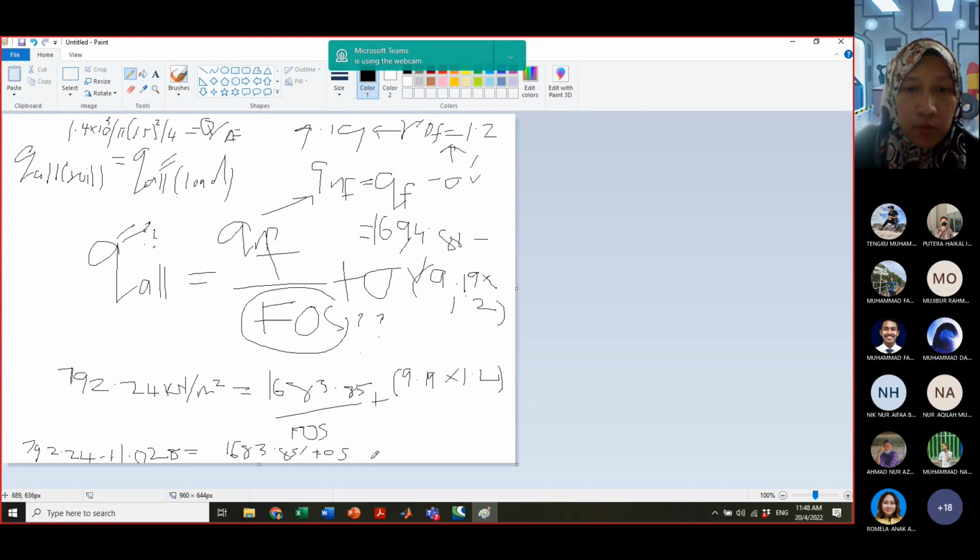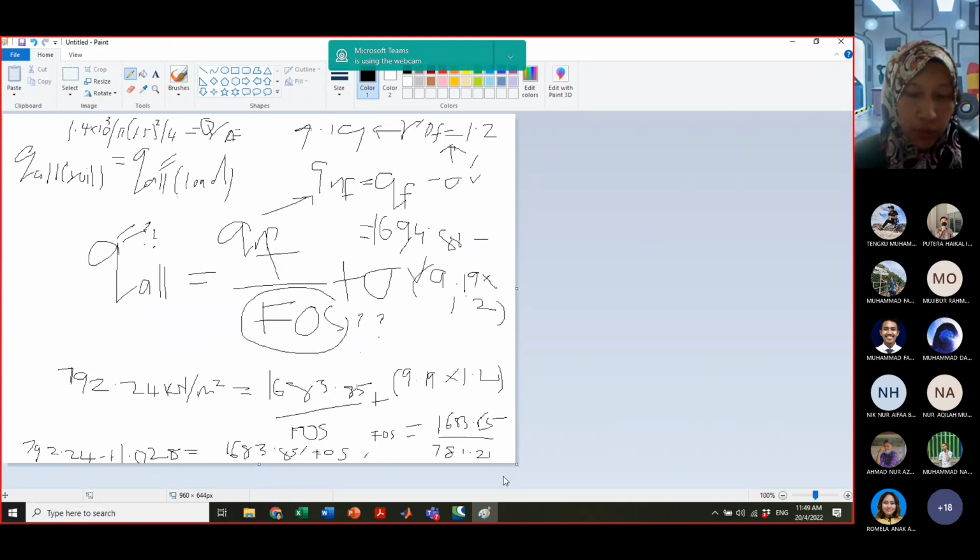Boleh tak bagi tahu saya FOS berapa? So FOS sama dengan 1683.85 bahagi dengan 792.24 tolak dengan 11.028, iaitu 781.21.